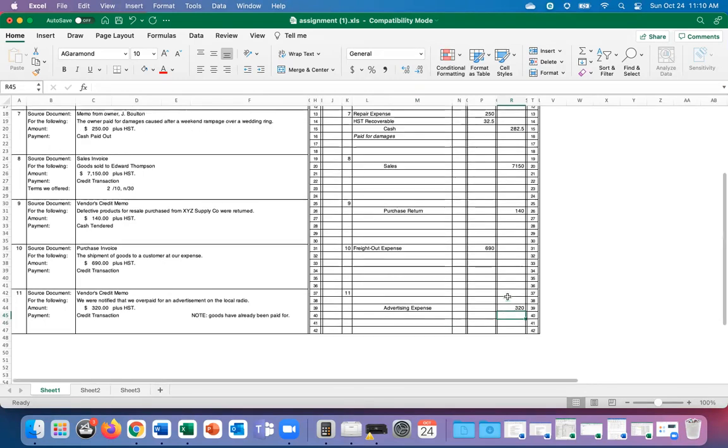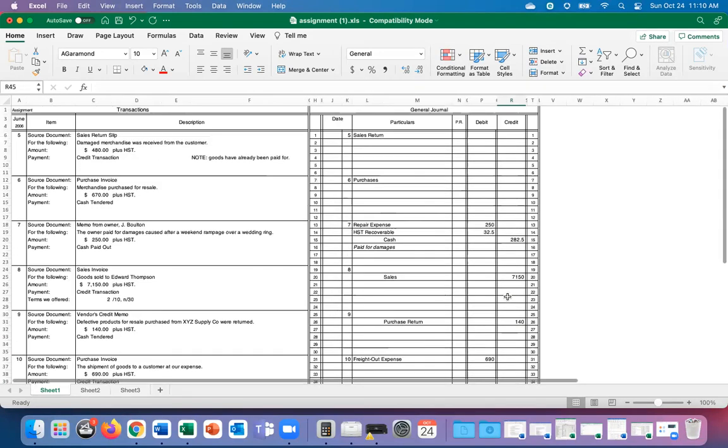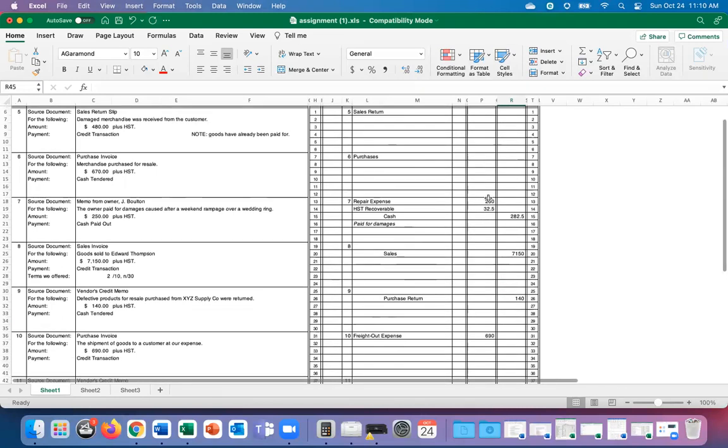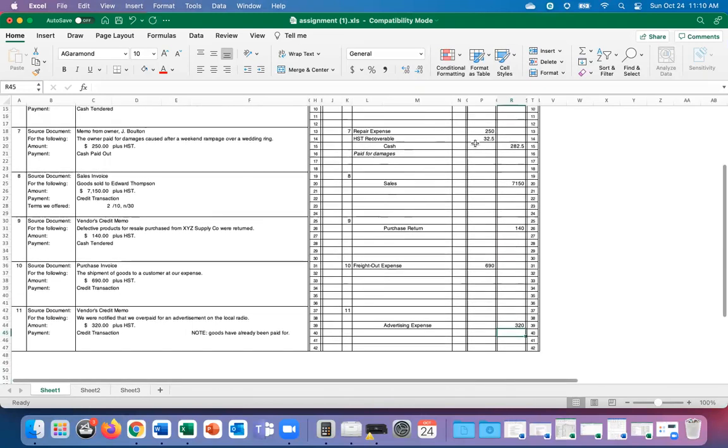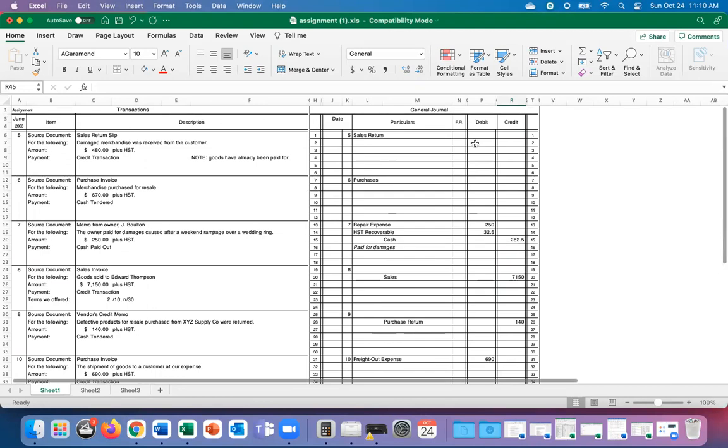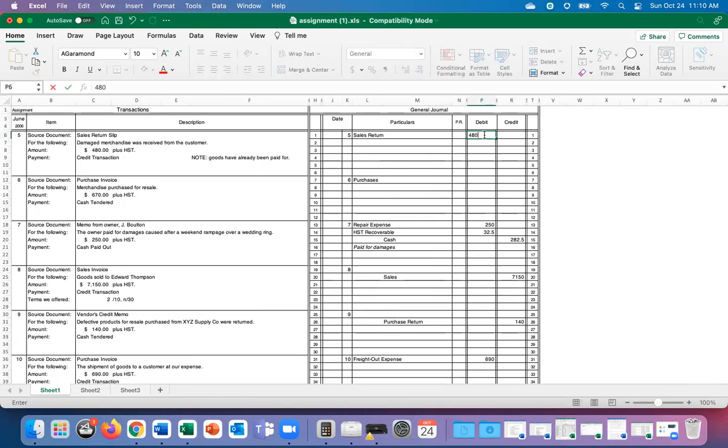All right. I think that's it. The only thing I'm going to do is, I think in those first 2, I didn't give you the amounts for the accounts that I gave you. So I'll go in and put those in just for a little bit of additional help. So in our first transaction, the sales return is going to be a debit for $480. That $480 comes from here. That is the amount that we are returning back to our customer since they returned some damaged goods.